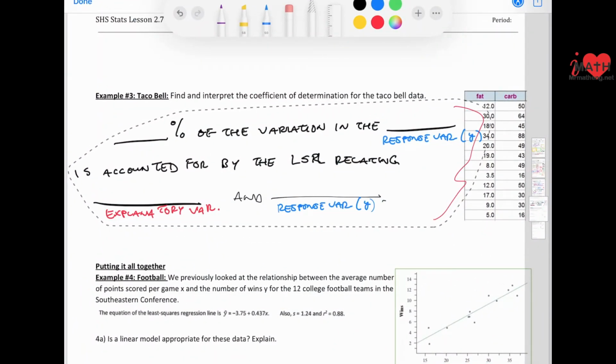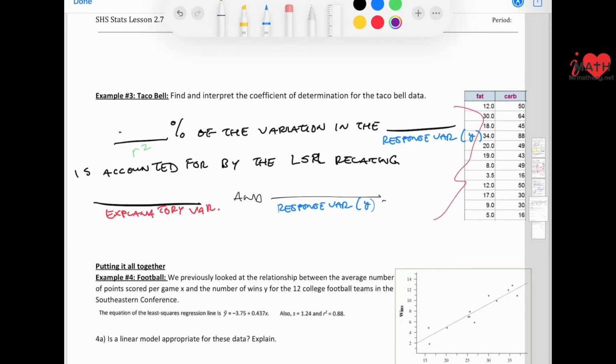So what was my, think about it. What color do I not have in there? Remember, this is your r squared value. Okay. So using the calculator, r squared is how much? Point.